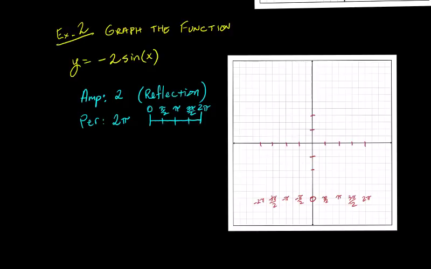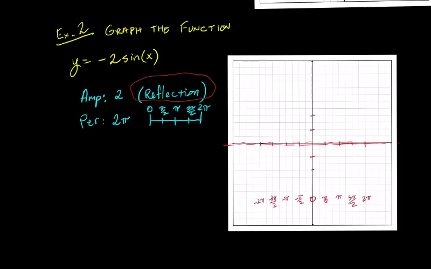Okay, so I've got my axes labeled. I've got everything ready to go. So I just want to talk about real quickly, notice we have our reflection here. If I want to do the actual reflection, I'm still going to start at my middle line, which has no vertical shift, so it's still at y equals 0.